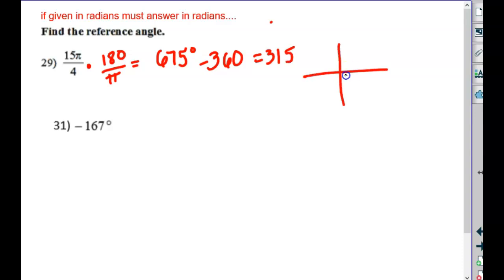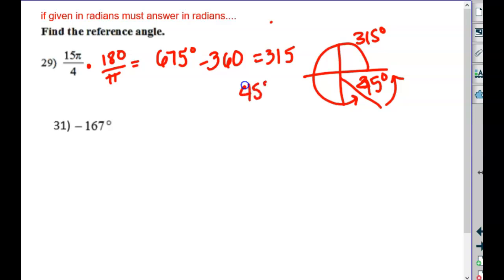So 315 is here, all the way around to there. And the angle it makes here is 45 to the x-axis. So 45 degrees is the reference angle in degrees, but because it started in radians, you have to switch it back to pi over 4.